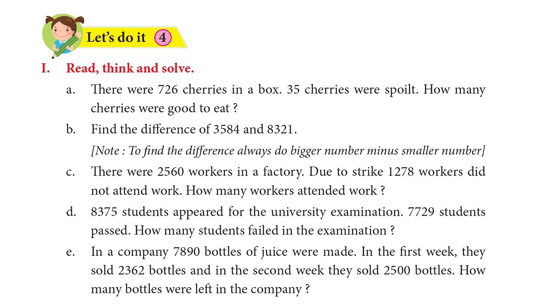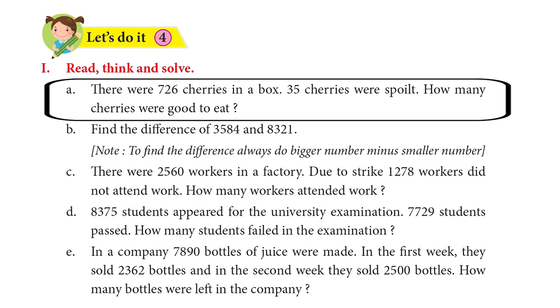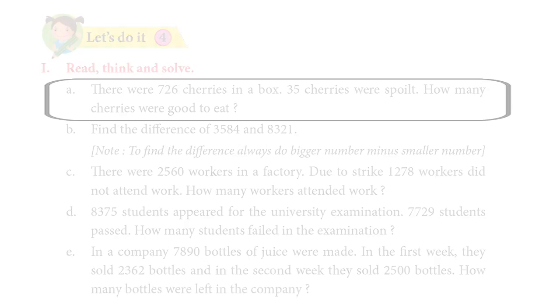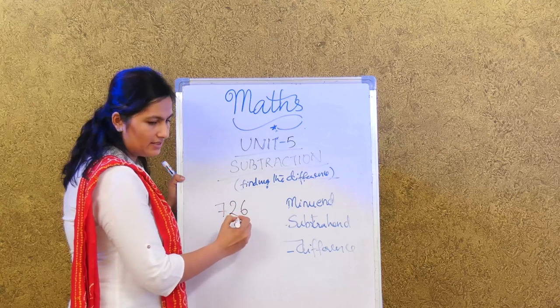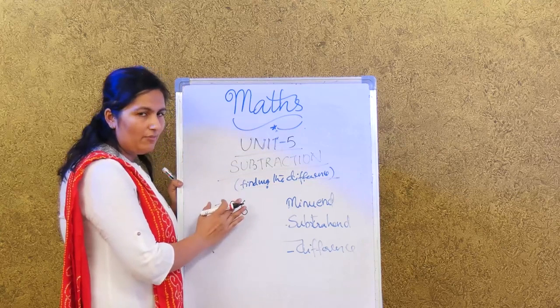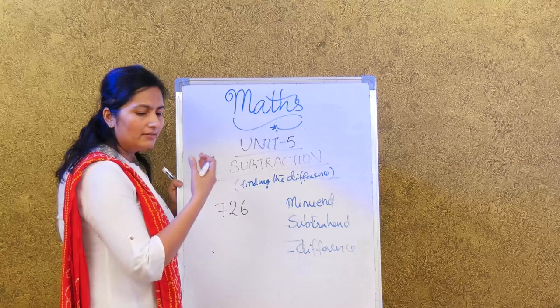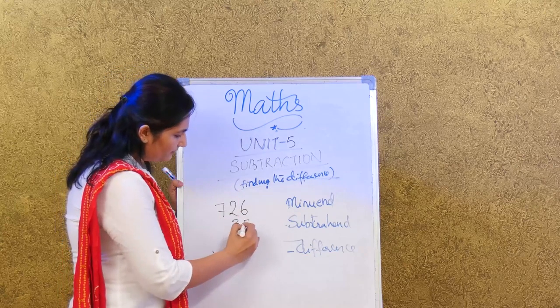So, we have come to page number 96. In that we find read, think and solve activities. The first one is: there were 726 cherries in a box, 35 cherries were spoiled. How many cherries were good to eat? Let's take a look. 726 were the total cherries in a box, but how many got spoiled? 35.